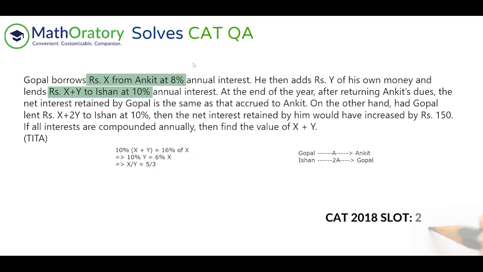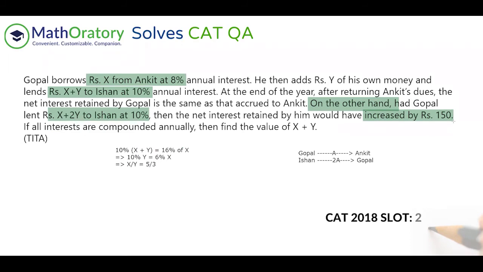Now coming to the remaining bit. On the other hand, had Gopal lent rupees X plus 2Y to Ishan at 10%, then the net interest retained by him would have increased by 150 bucks. Understand this: whatever he has to pay to Ankit doesn't change, because he has borrowed X amount.